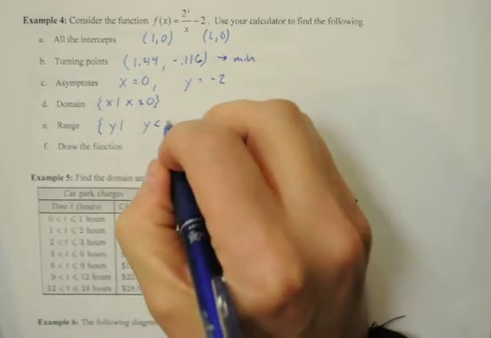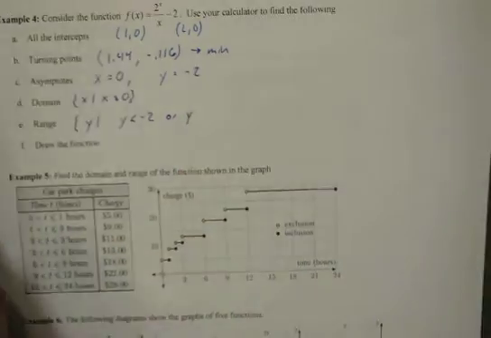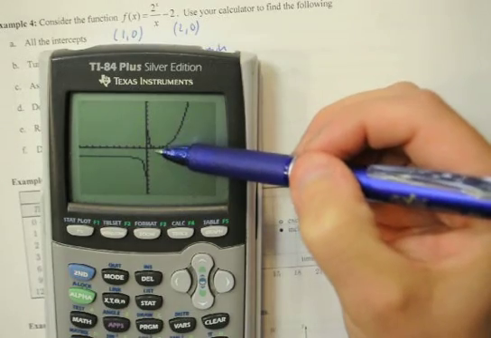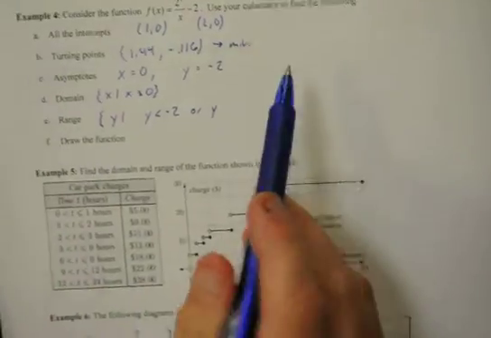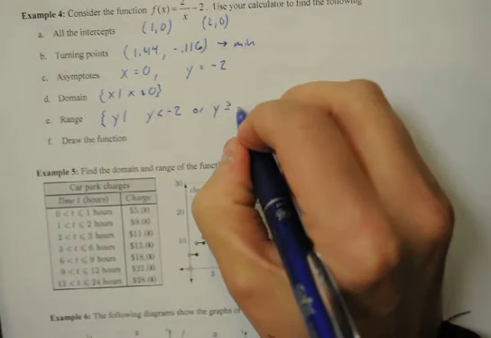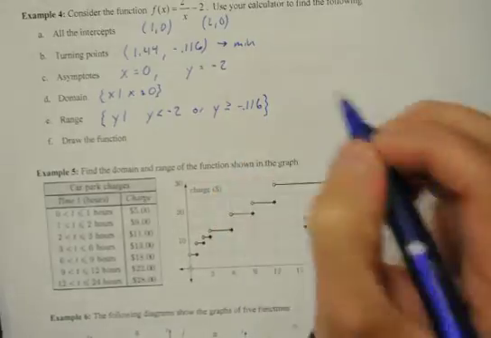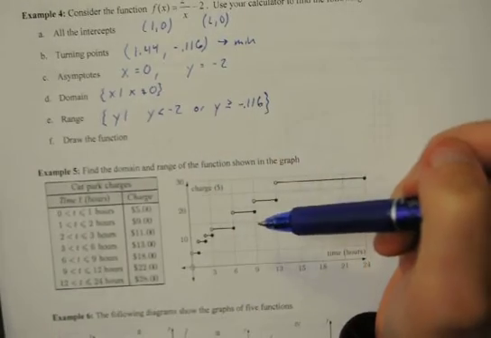It can't be equal to negative 2 because it's an asymptote. Or we can be greater than that minimum. We can be above this minimum. And the minimum was negative 0.116. So there we have it. I could be less than the asymptote, or I could be above the minimum as far as y goes.